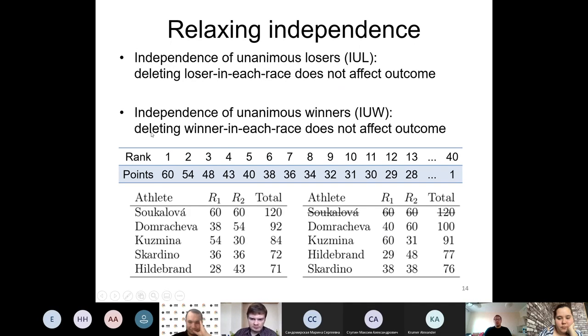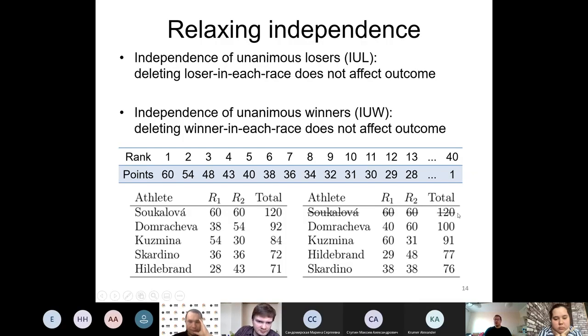So I will show it by a real example also, but a semi-real example. So also in one of the seasons of biathlon, there were individual races. There were only 2 races in that season in this kind of discipline. And Gabriela Soukalova won both races. So she got 60 points for her first positions. And suppose hypothetically Soukalova was disqualified, as in our axiom, so Soukalova is a unanimous winner.